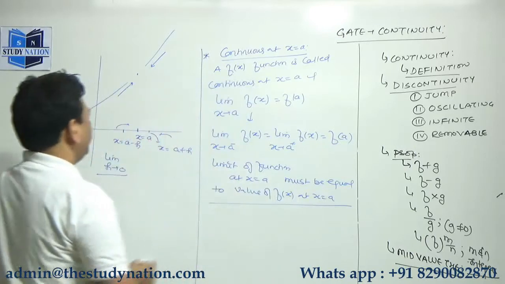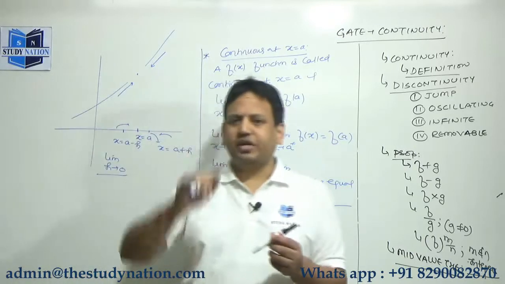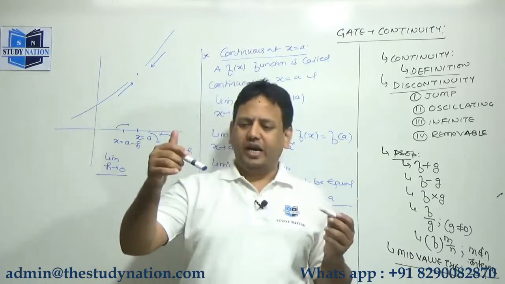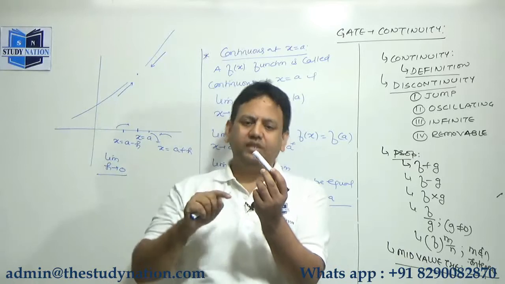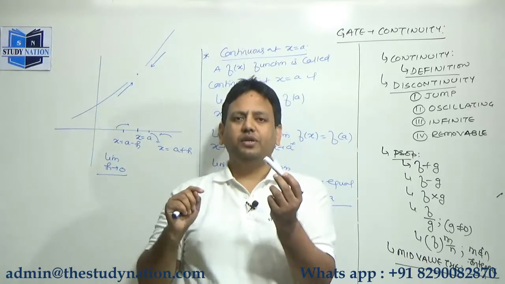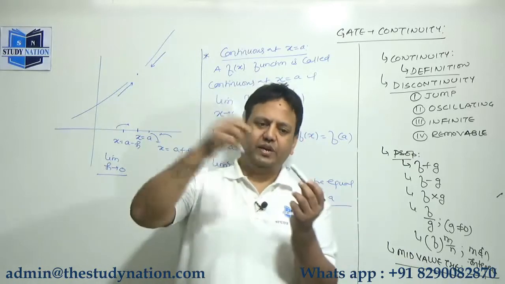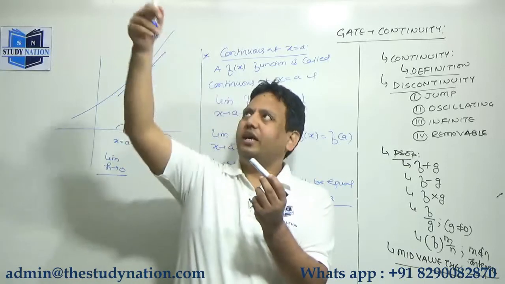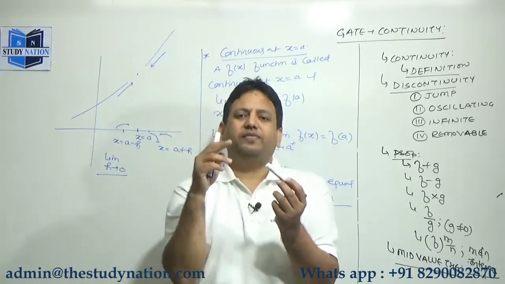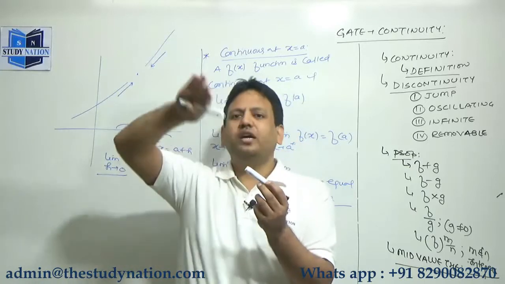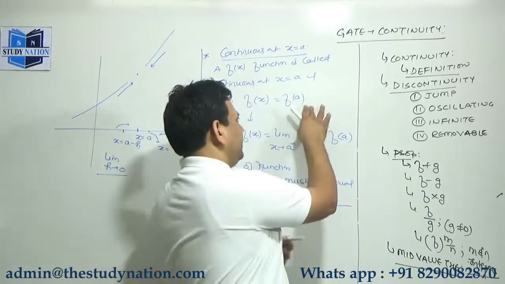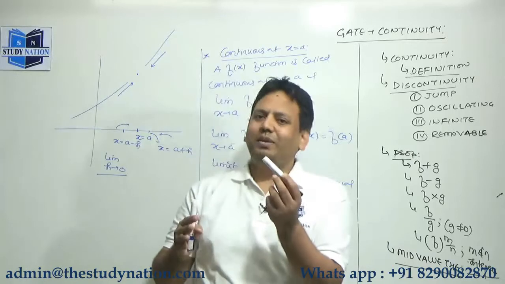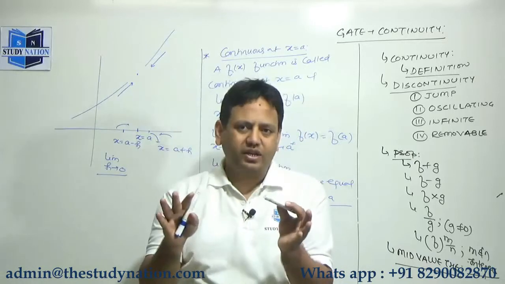Suppose you are taking a particular point x equal to a. I am coming from the left side, I am coming from the right side, and the function's value is equal to the value of the limit. So if they are equal, it is coming to L, it is also coming to L, and the value of the function is also L. So it is going without any break. If the function is not defined, the limit is defined, it is not continuous.